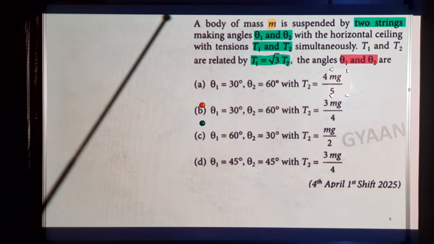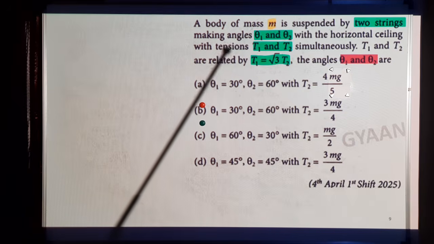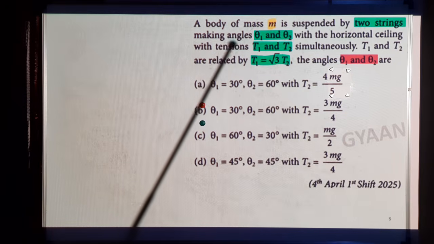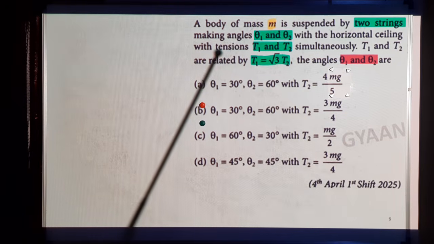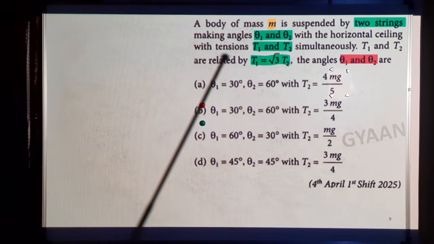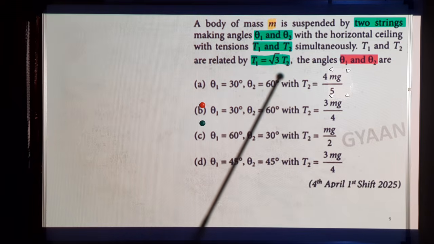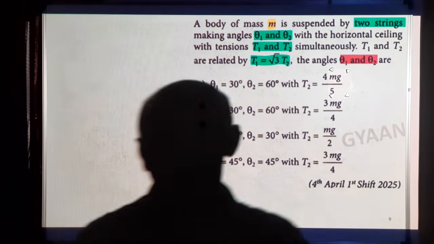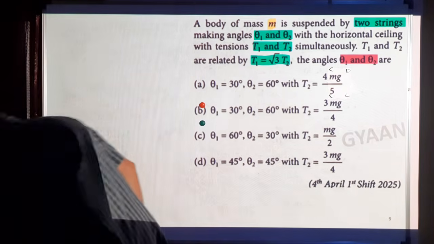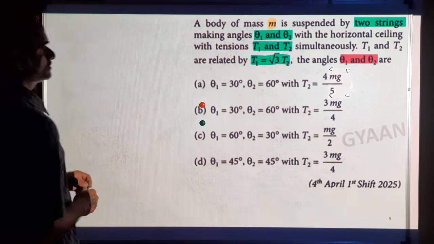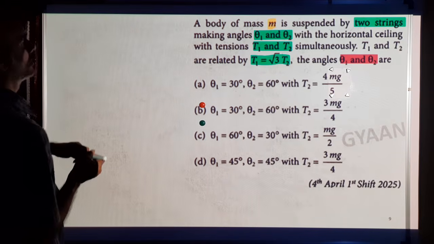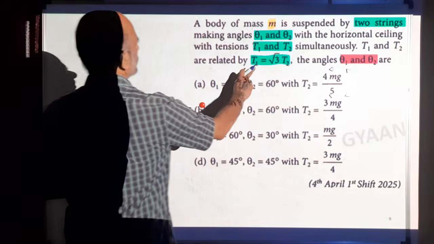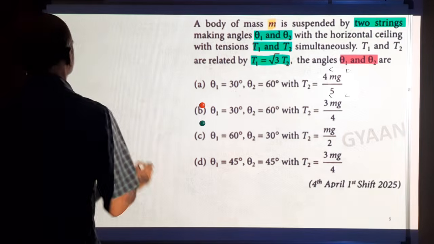Next question. A body of mass m is suspended by two strings making angles theta1 and theta2 with the horizontal ceiling, with tensions T1 and T2 respectively. T1 and T2 are related as T1 equals root 3 times T2. The angles theta1, theta2 are? Four options are given. Here the figure is not given, so you have to draw the figure. Tension 1 is more, so string 1 should be more vertical.